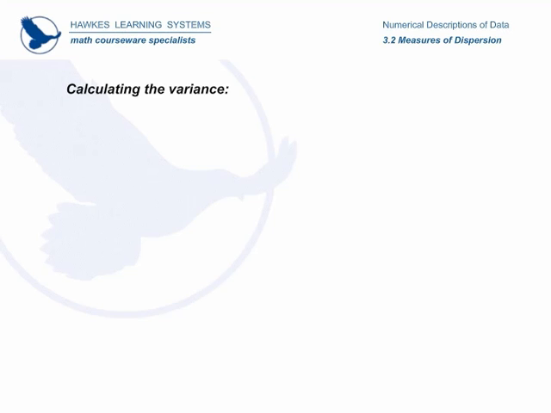This S superscript 2 indicates that we have sample data, but we can also find the variance for population data, and so we would use the Greek letter sigma.